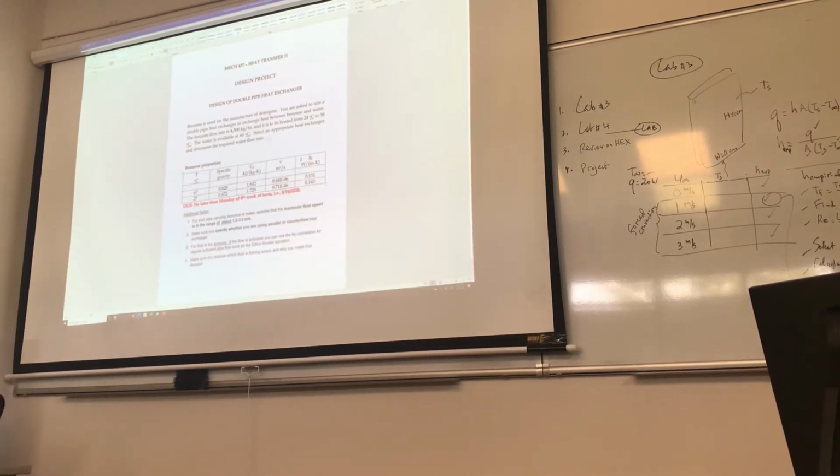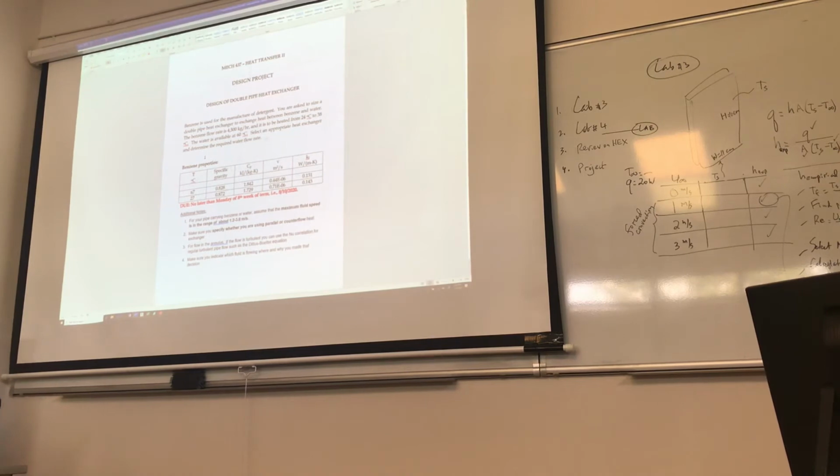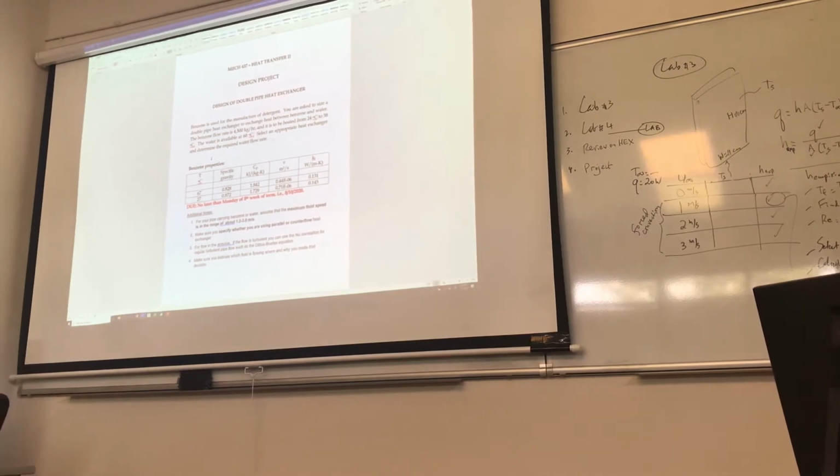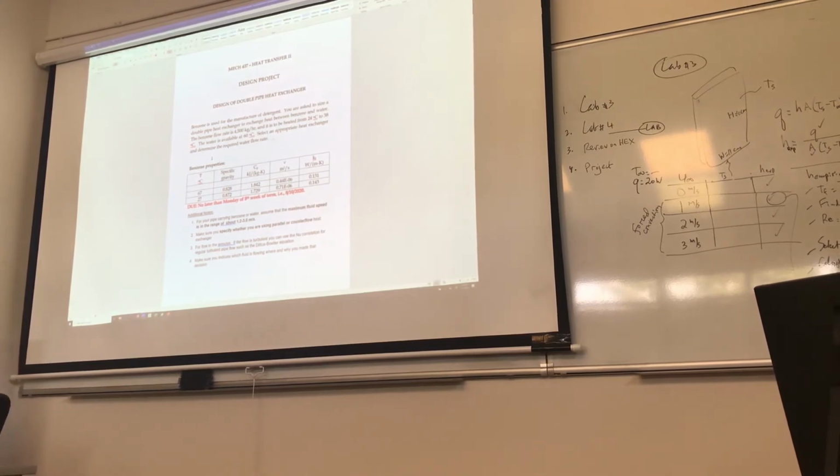And it says that you have benzene, which is used for the manufacture of detergent. You're asked to size a double pipe heat exchanger to exchange heat between the benzene and water.